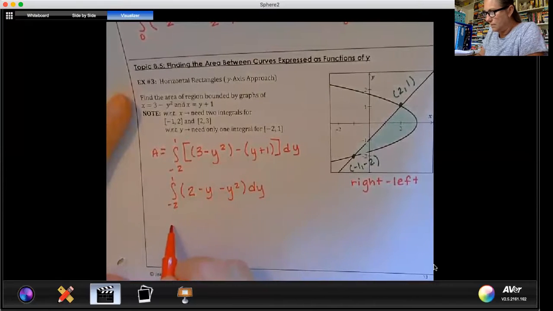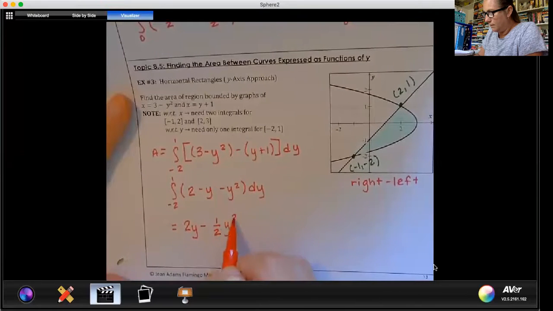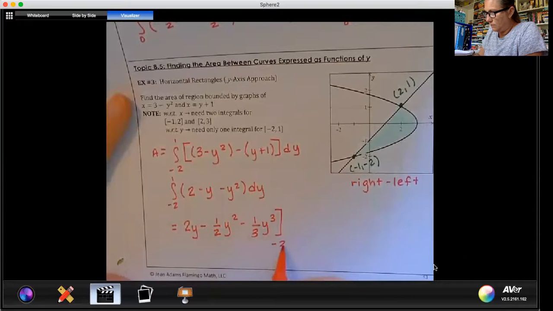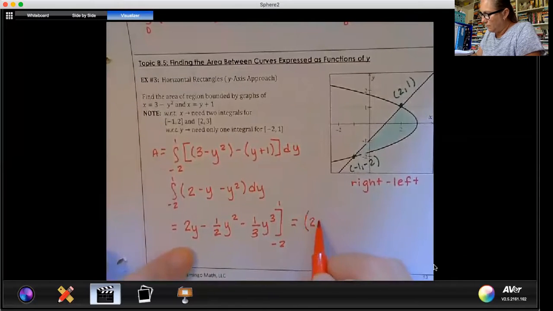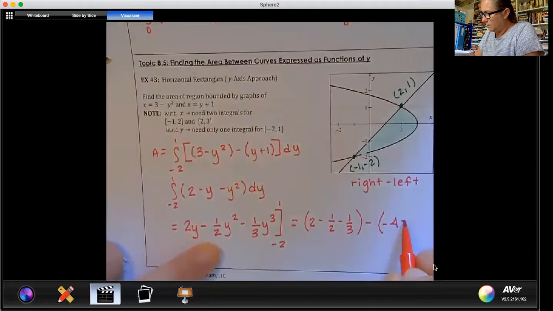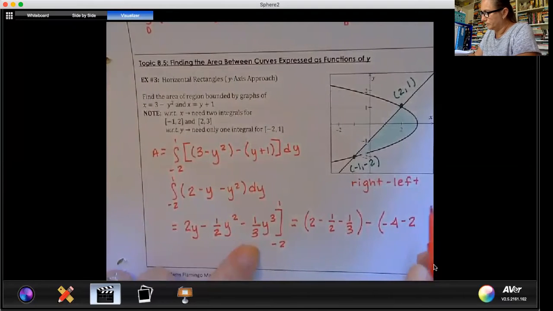And we get 2 minus y squared dy. Everything else is the same. You're used to using x, and this time you use y. So 2y minus 1/2 y squared minus 1/3 y cubed from negative 2 to 1. So that's 2 minus 1/2 minus 1/3 minus, that's negative 4, that's minus 2, and that's plus 8/3.